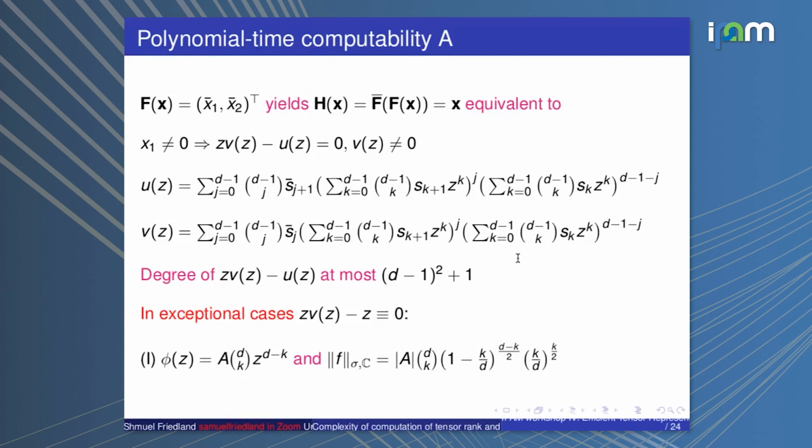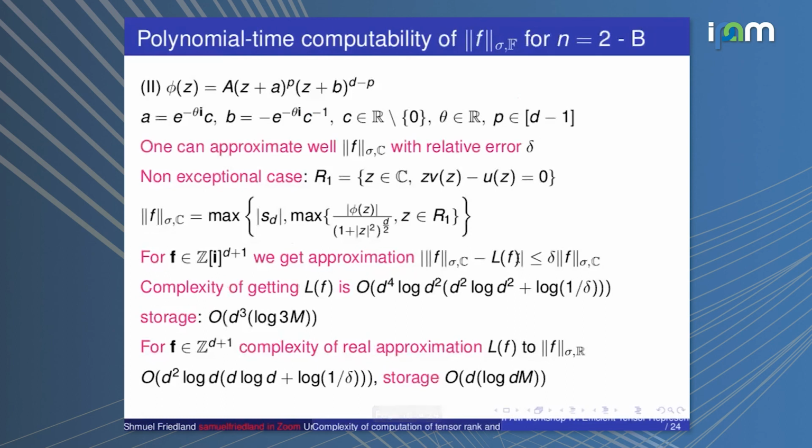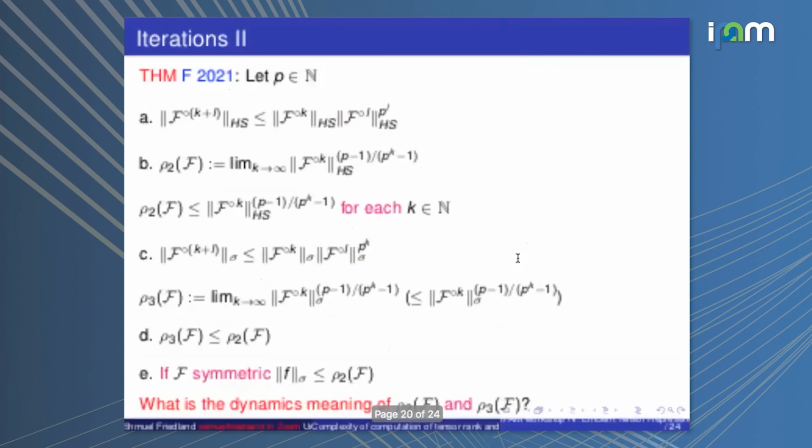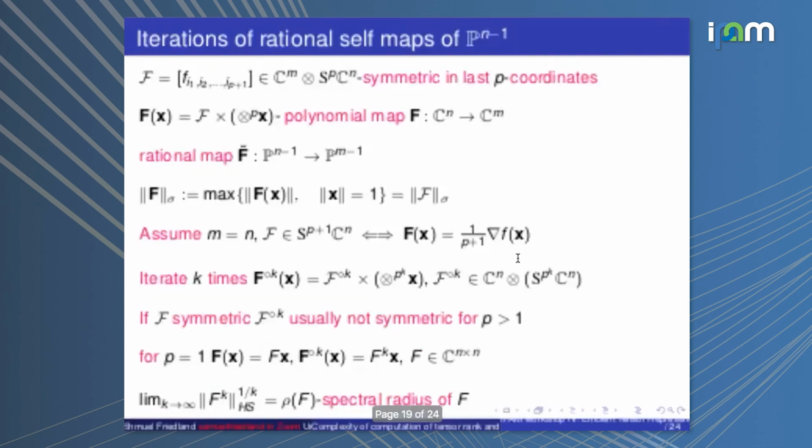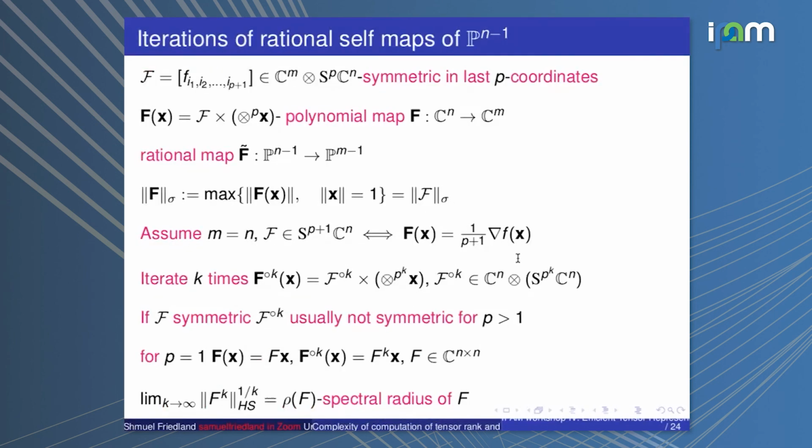So there is one extra point that I wanted to tell you. The claim is as follows: essentially you can relate this to finding f to some iterations of polynomial maps.